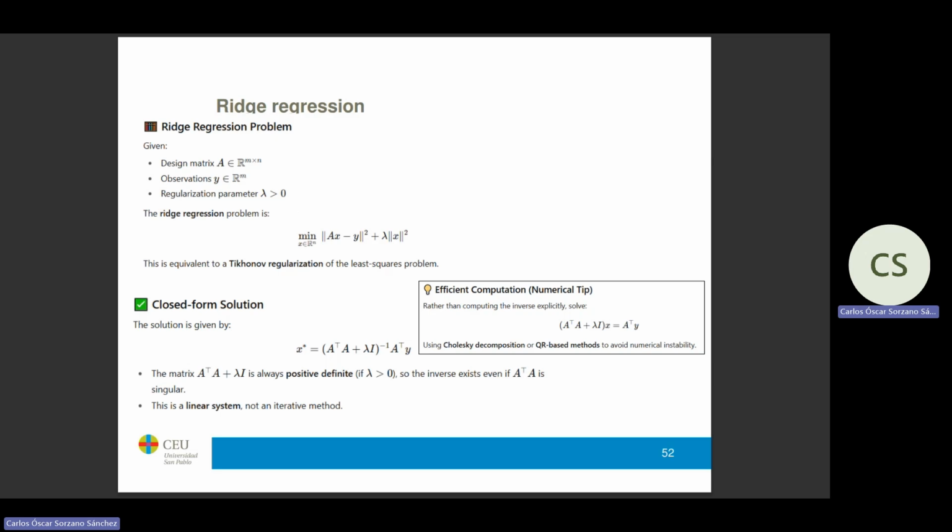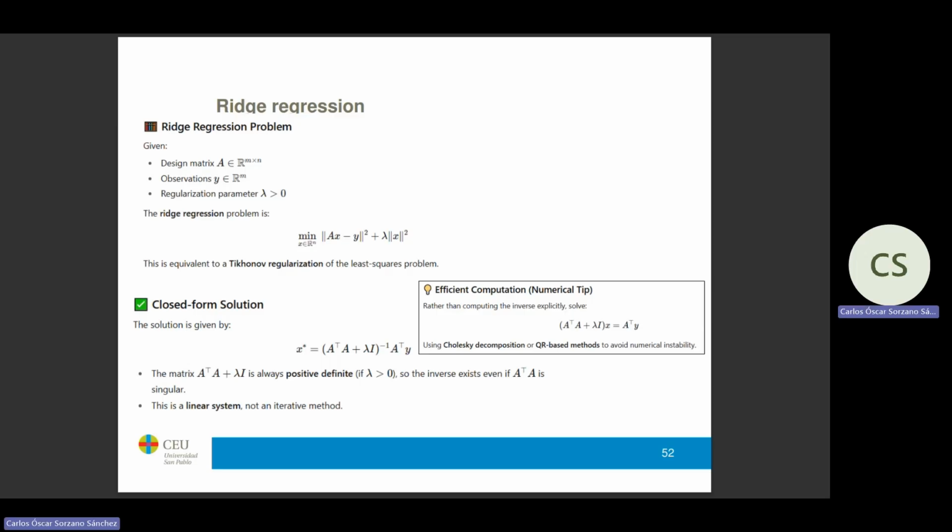For instance, you can use Cholesky decomposition or QR-based methods. These two are typically much better behaved than inversion. If you have problems with eigenvalues, the inversion is very unstable. But Cholesky decomposition and QR-based methods are quite stable. They are not so sensitive to small eigenvalues.